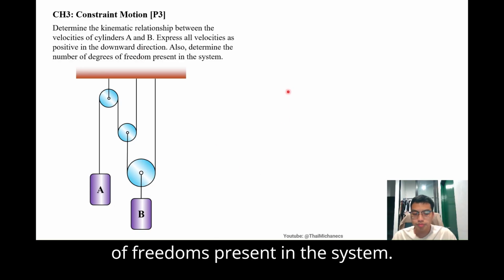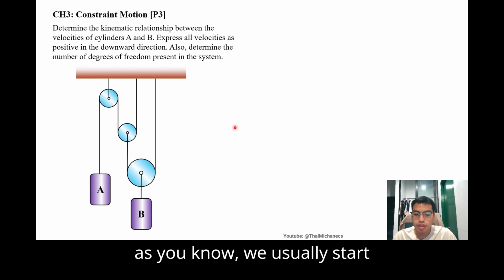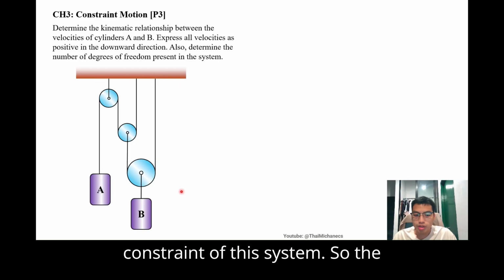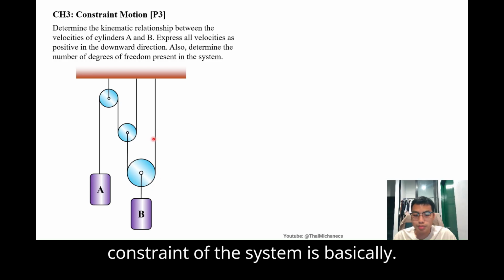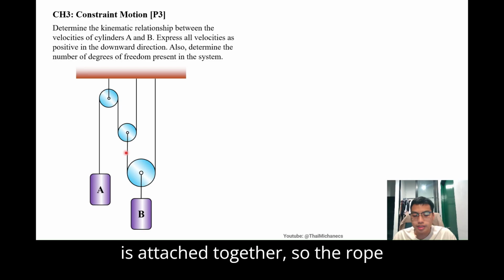Okay, so in constraint motion, as you know, we usually start by identifying the constraint of this system. The constraint of the system is basically the length of the rope that is attached together. The rope length doesn't change.